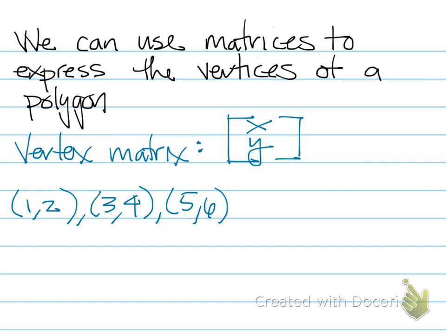All vertex matrices will have two rows. First row being the x's, second row being the y coordinates. So if we were to write this relation, these set of ordered pairs, as a vertex matrix, we would have 1, 2 in the first column, 3, 4 in the second column, and 5, 6 in the third column.